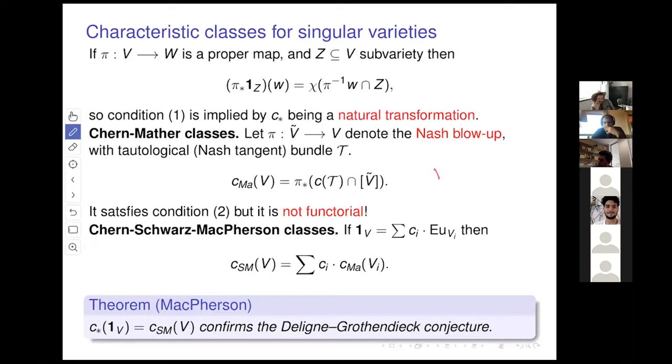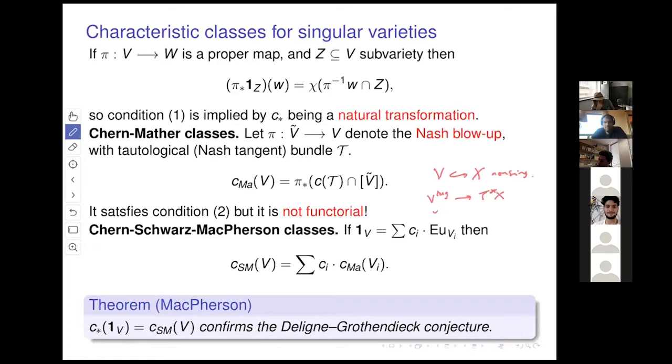You want to embed V inside a non-singular variety X. And then you look at the map from the regular locus to the tangent bundle.